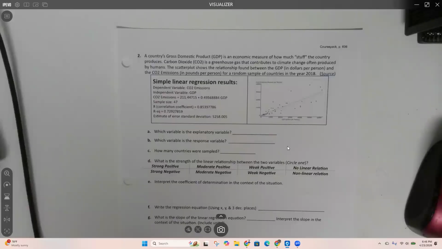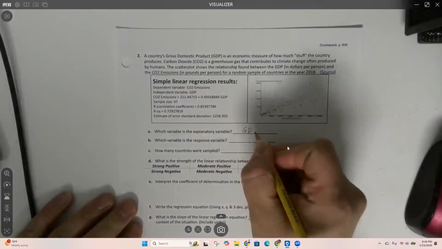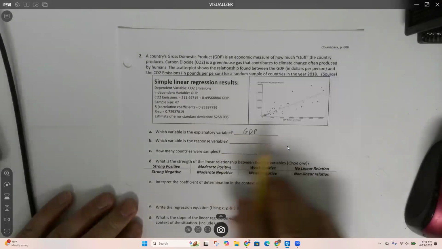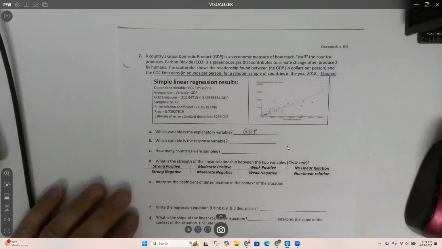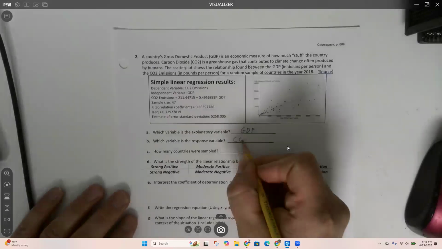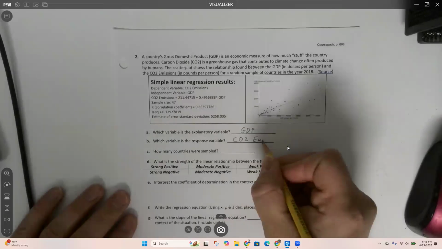All right, so they've done the StatCrunch for us. Which variable is the explanatory variable? GDP, so explanatory is the X. The X-axis is GDP, right? Which variable is the response variable? CO2 emissions. Good.